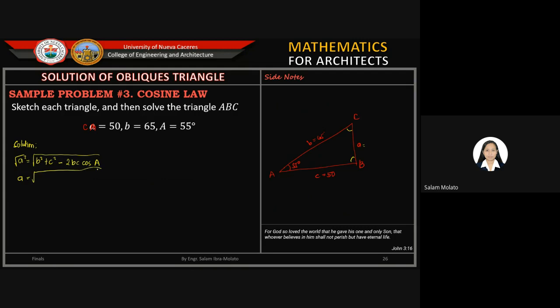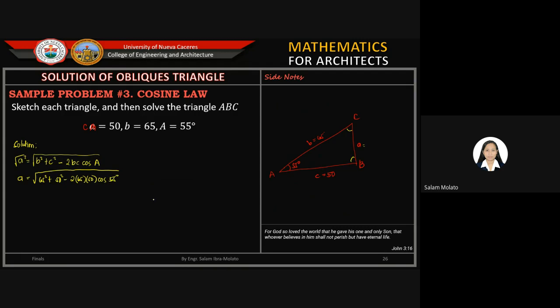I am sorry. Let me fix it. The square root sign jumped. So, that would be the square root of B, which is 65 squared, plus C, which is 50 squared, minus 2 times 65 times 50 cosine A, and that is 55 degrees.